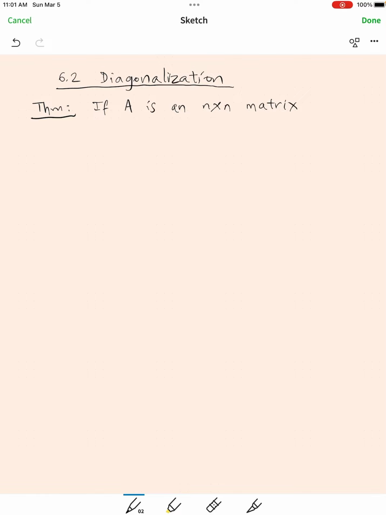And let's say that you have a bunch of distinct eigenvalues. So if A is an n by n matrix and lambda 1 through lambda k are distinct eigenvalues, I'm not saying that these are all the eigenvalues, but let's just say you have k of them.